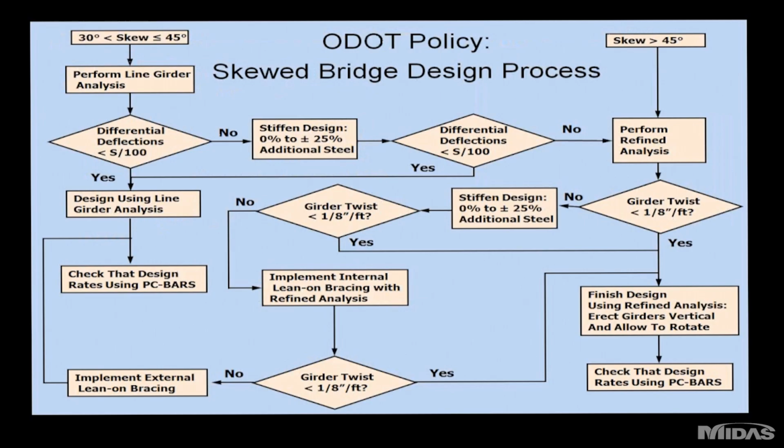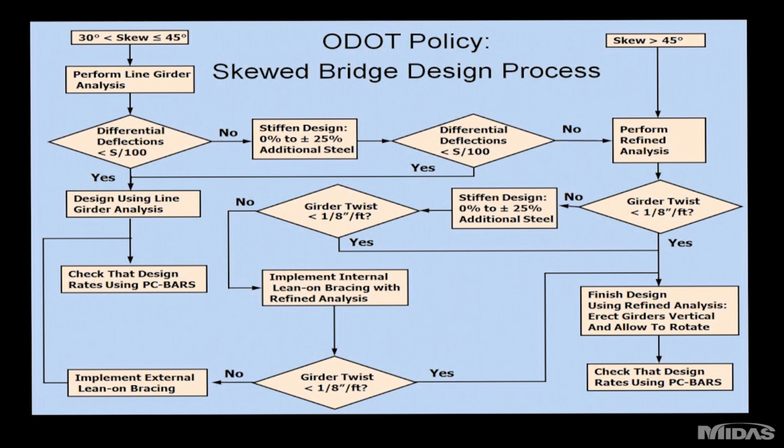So moving on to the policy itself, it's laid out here in flowchart form. And I'll start with an explanation. ODOT's philosophy on skew is that for a long time they designed skewed bridges using line girder analysis and had no problems. But as codes changed, higher strength steel came into being, and structures got more flexible, they started to have problems.